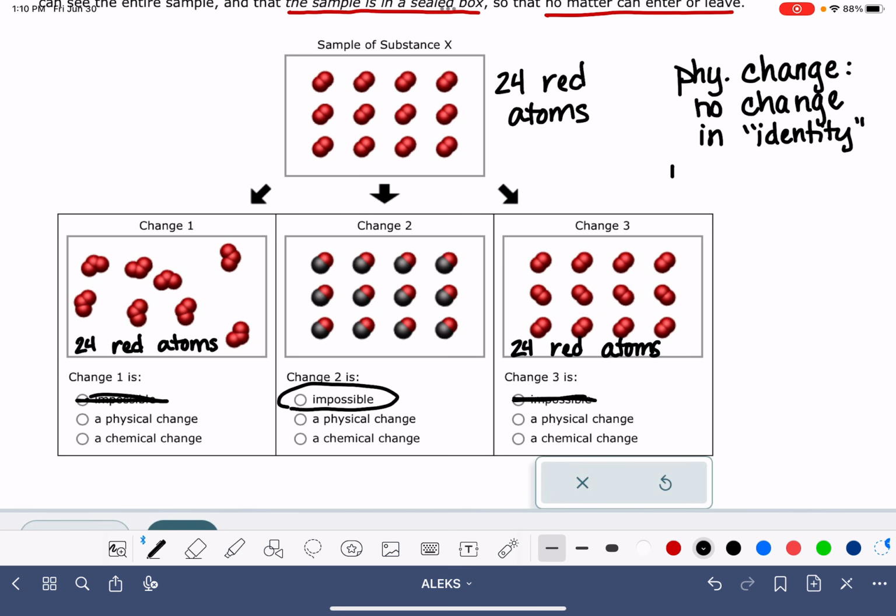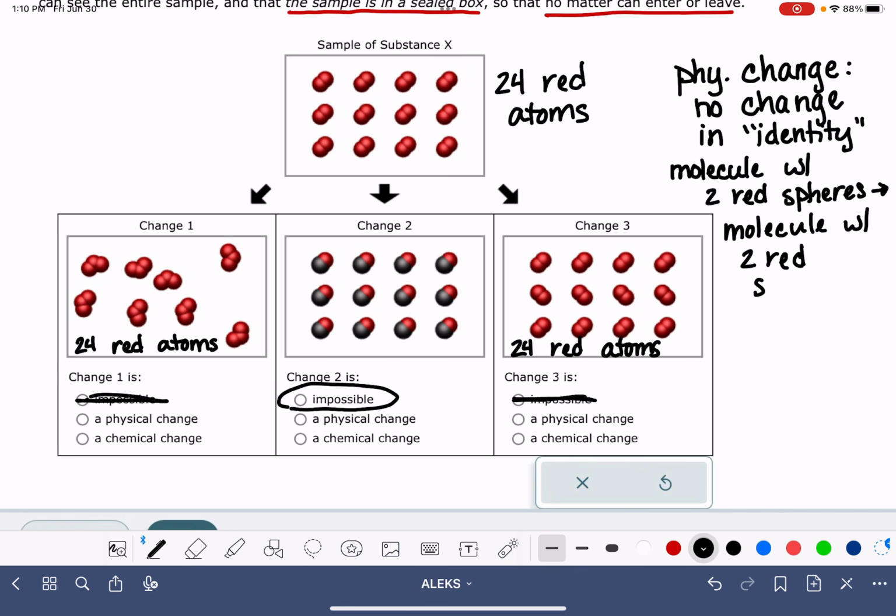So if we start with a molecule that has 2 red spheres, in a physical change, we are going to end with molecules that have 2 red spheres. No more than that, no less than that.